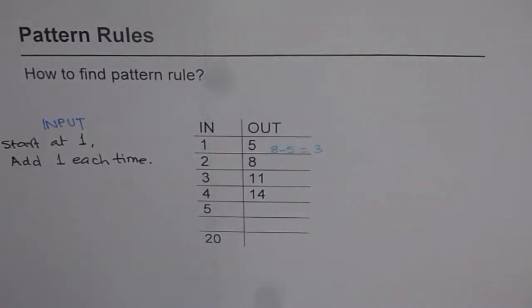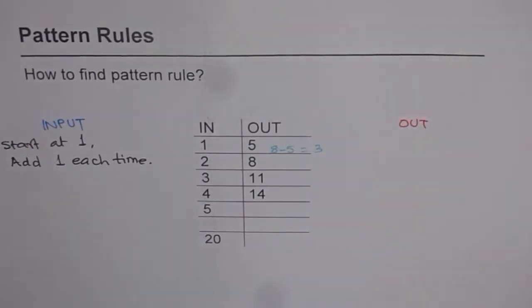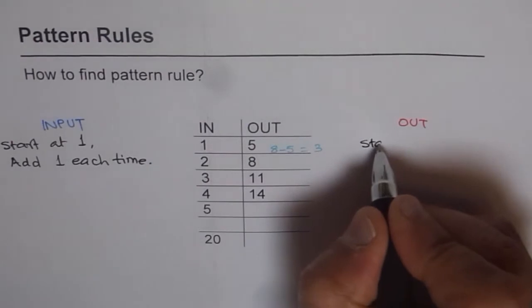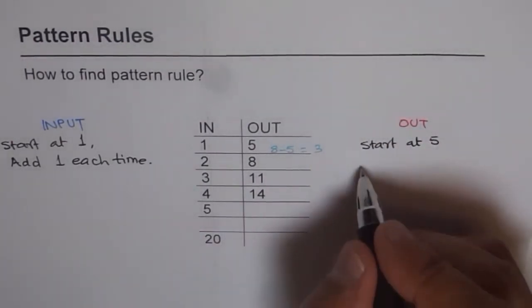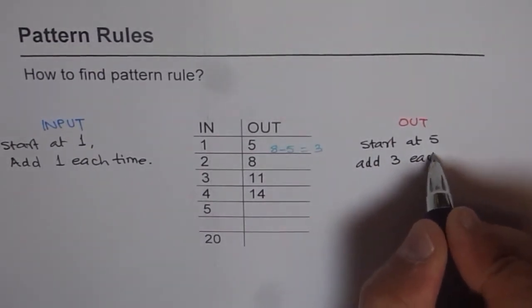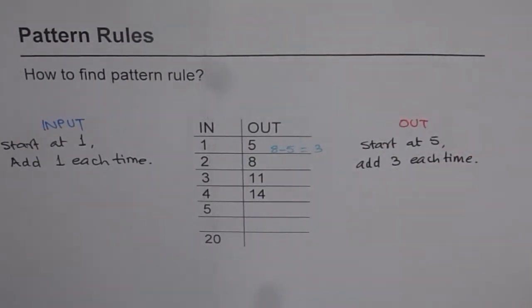How about outputs? Let's write that down also. Output is start at 5, and then what do we do? Add 3 each time. So that gives me the pattern for input and output.